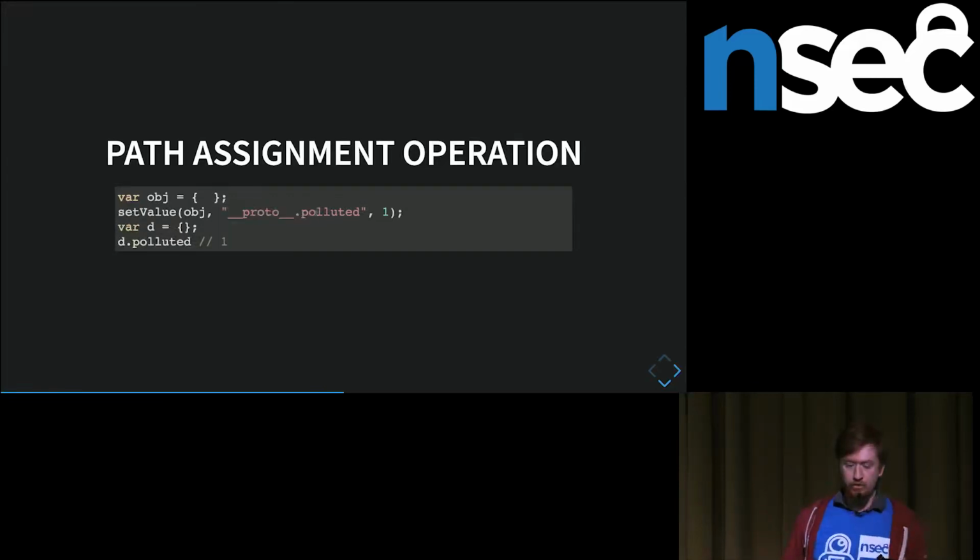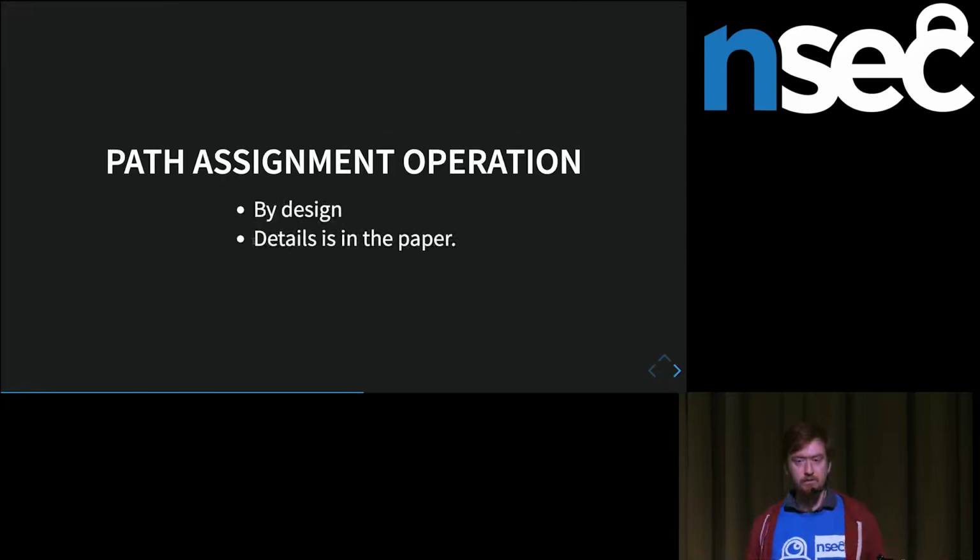And if you control also the value, the prototype of object is also going to be polluted. For those libraries, this is essentially working by design. So it is highly unlikely that there's ever going to be a patch. I spoke to a few maintainers who had affected libraries, and the general consensus is that it's somewhat by design. So for those libraries, you have to be super careful never to allow the path to be fully controlled by user input.